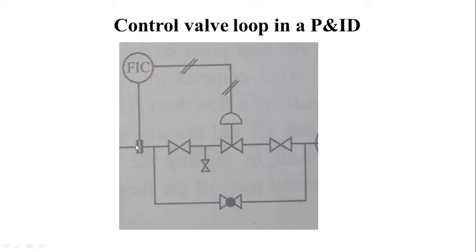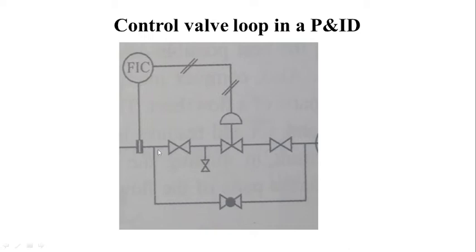This control valve loop contains a control valve. These two are gate valves, and this one is a globe valve. Usually, if the control valve is in operation, we will not open the globe valve. It will be in the completely closed position.